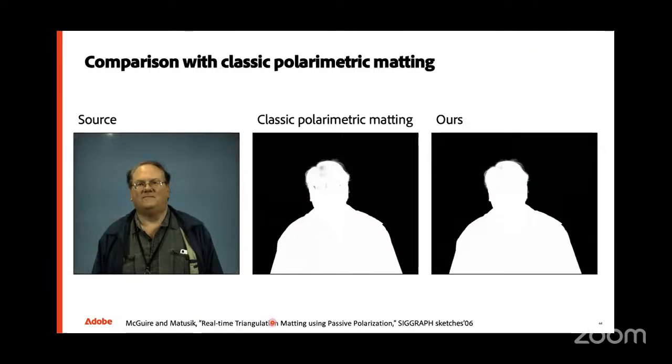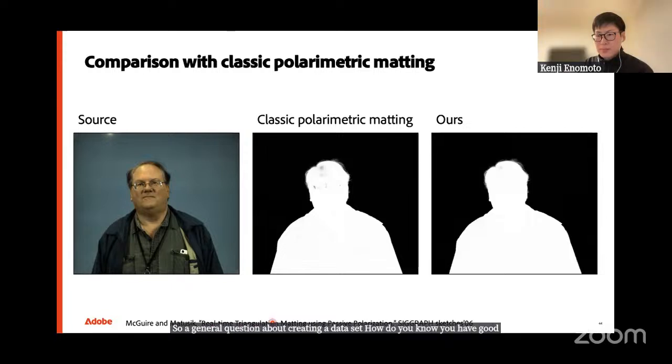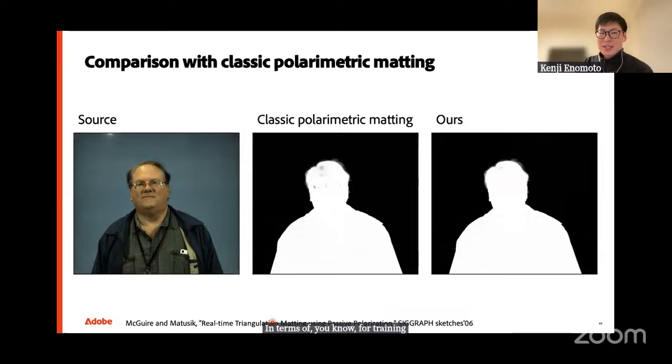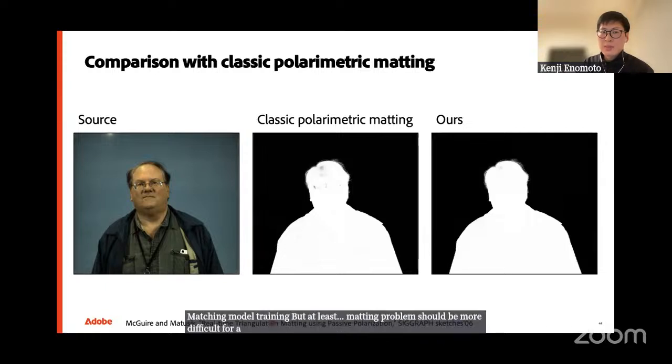So a general question about creating a dataset. How do you know you have good coverage of what people need in terms of training? It's a great question, and kind of a tough one. Honestly, I don't know what number is enough for matting model training, but at least the matting problem should be more difficult than image segmentation or video segmentation.